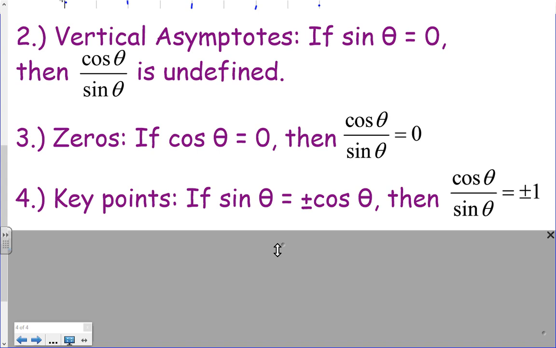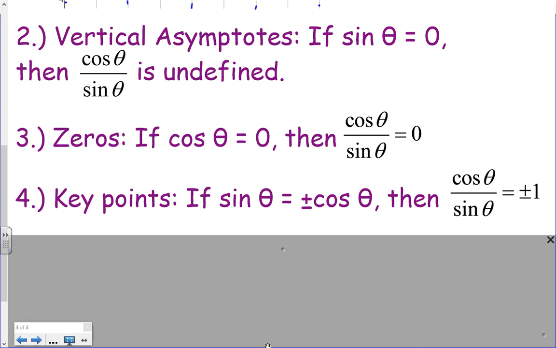All right, the next thing to consider are some key points to plot. If there are some key points that you can sketch, then go ahead and sketch them. That might help you come up with the right graph of this. So let's do that. If sine of theta is equal to plus or minus cosine of theta, we'll deal with the plus first, and then we'll deal with the opposite in a second. If sine of theta and cosine of theta are equal to each other, that means they're actually intersecting.